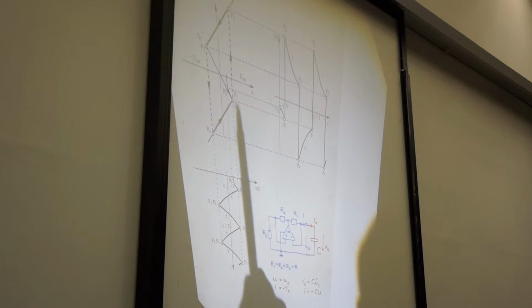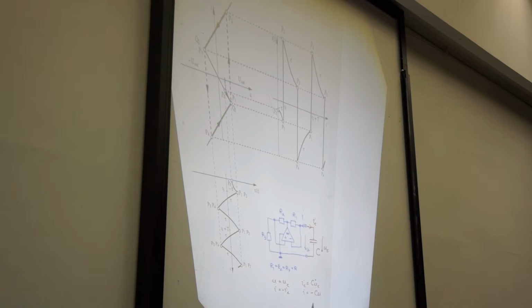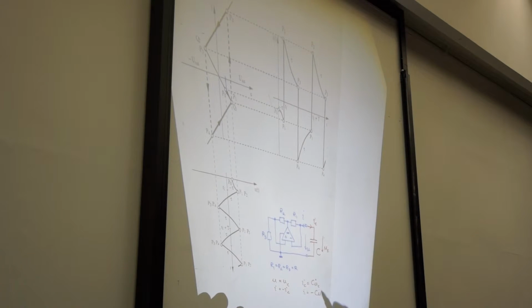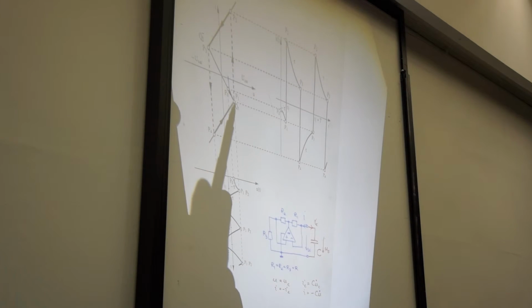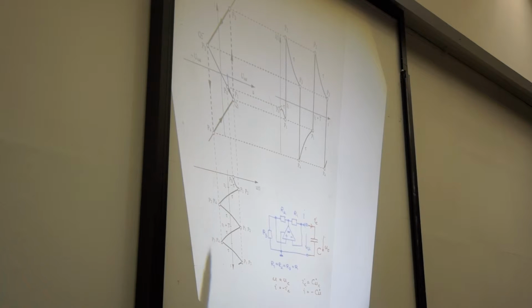the derivative of the voltage should be positive, and therefore we move towards this point Q1 or P1 here, where we observe that this is an impasse point.